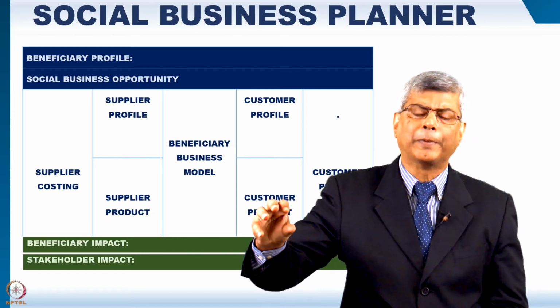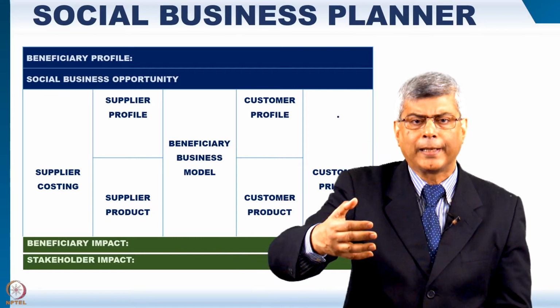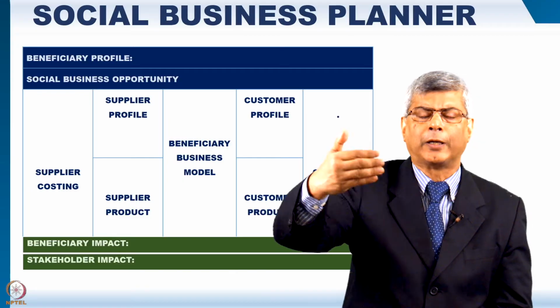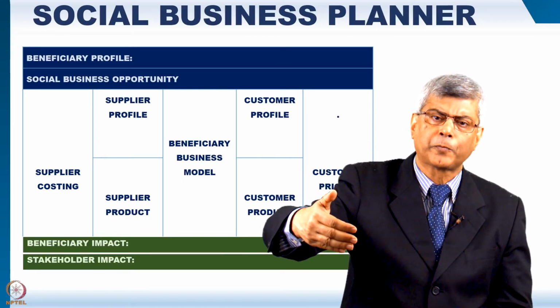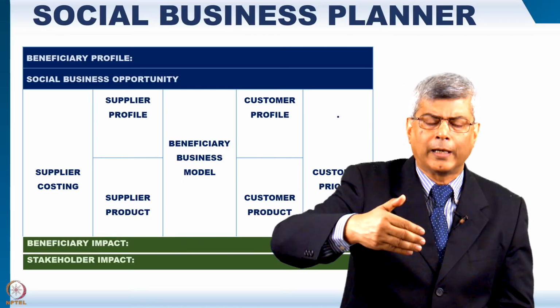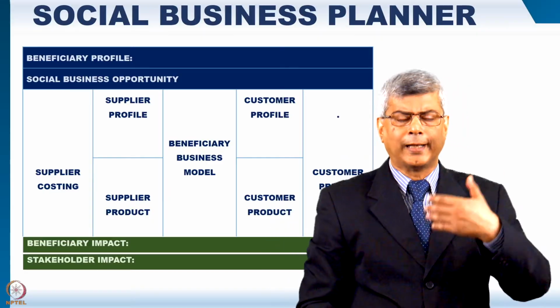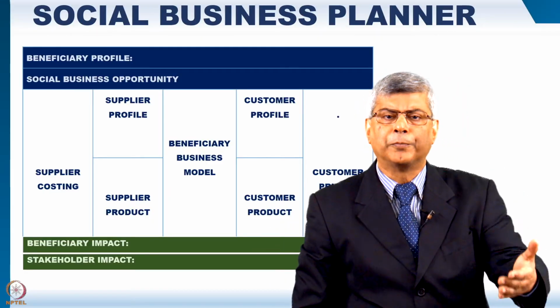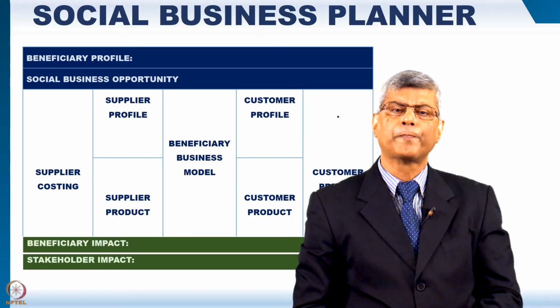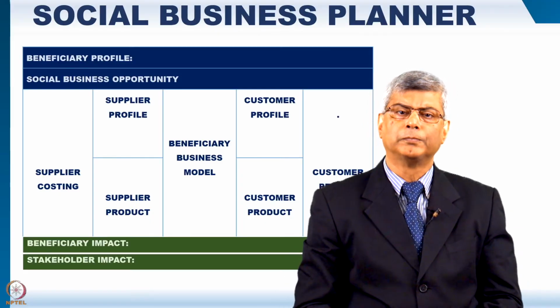And then you look at the beneficiary impact. What's the beneficiary impact? Maybe 10 ladies or 100 ladies are making these incense sticks, and they all make 100 rupees a day. So their livelihoods and lives improve. That's the beneficiary impact. But there's also other impact.